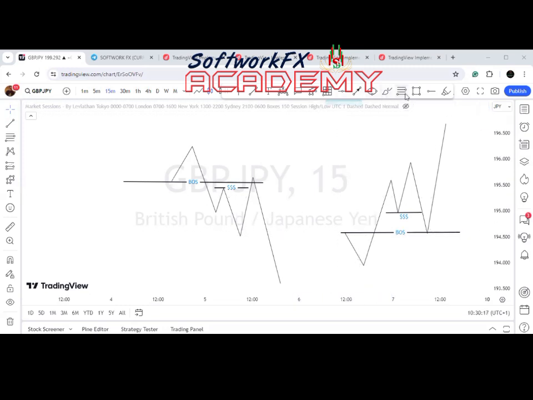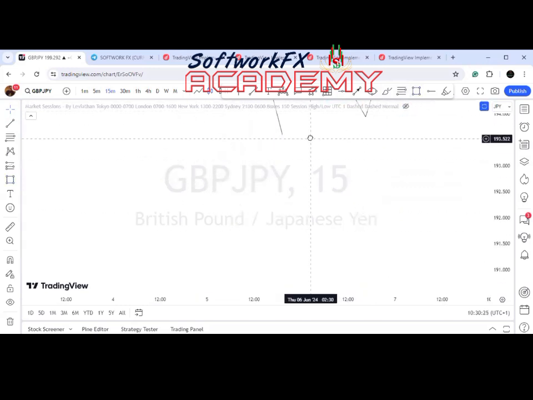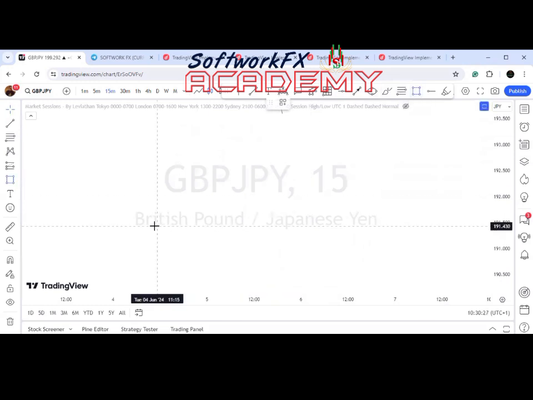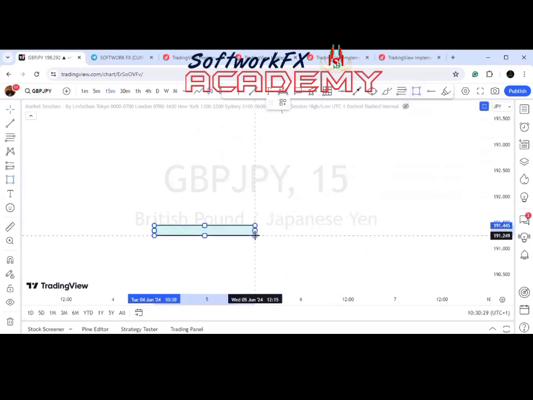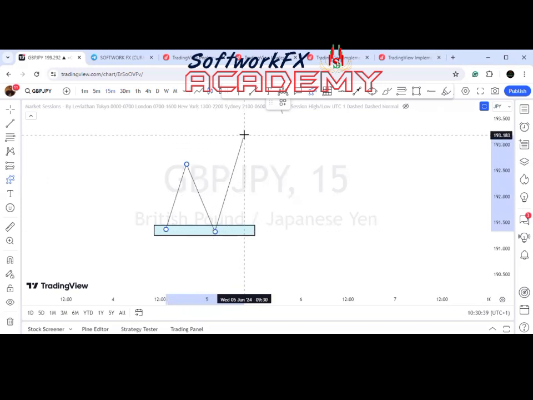Okay, let me make an illustration. For instance, you have a zone that price has moved from. You are expecting price to return to that zone, then give you your higher high.